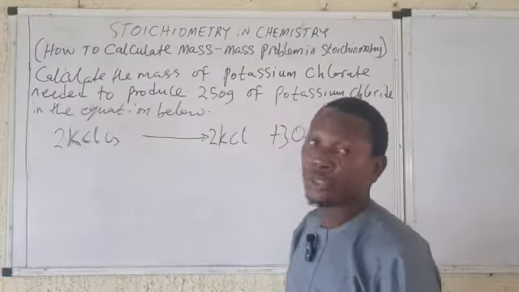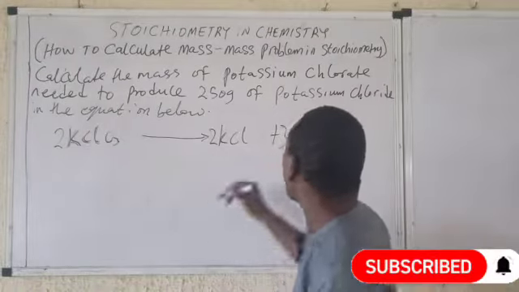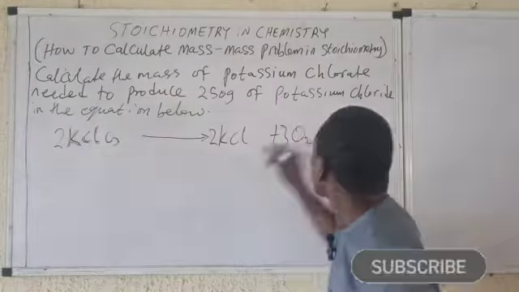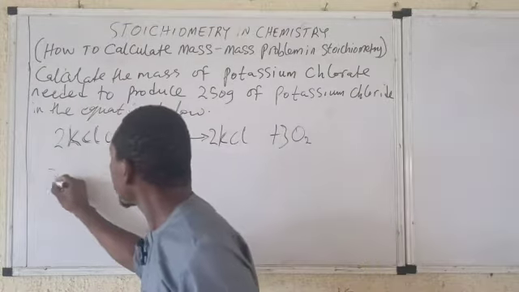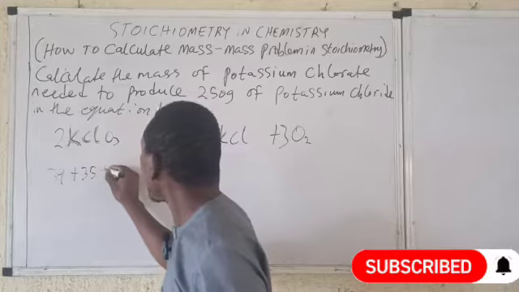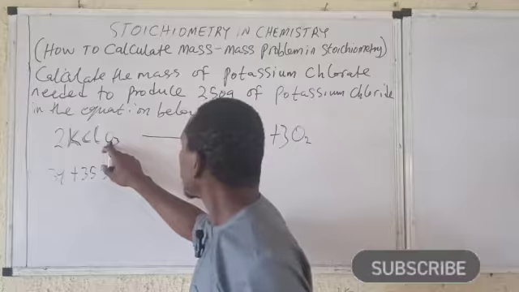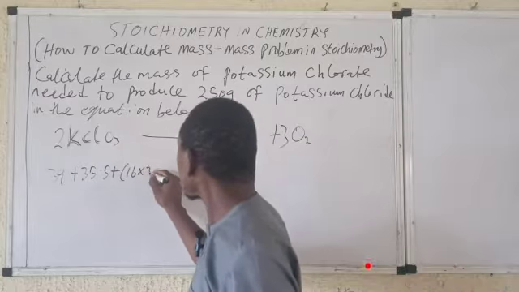How do I get the molar mass of this? You can always watch my video on how to calculate molar mass, but let me just quickly do it here. The molar mass of K is 39, plus chlorine is 35.5, plus oxygen is 16 times 3.